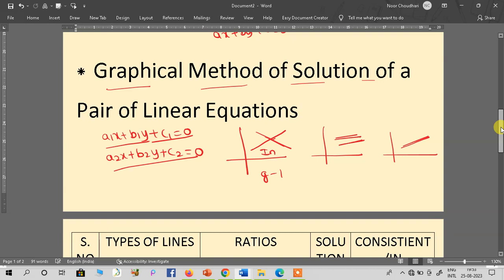If the lines come like this, we say parallel lines. And if the lines come like this, both lines are the same, so they are called coincident lines.